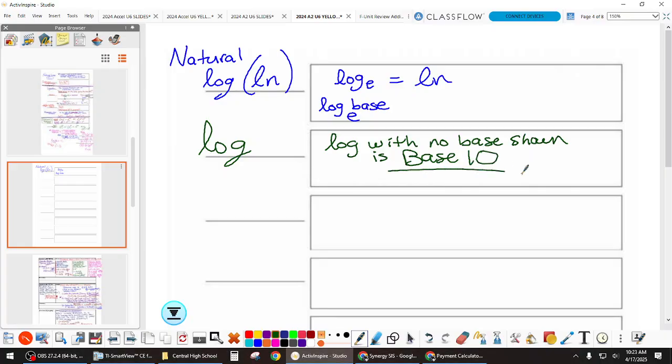And we call this common log, because our number system is base 10, this is also extremely common. So just know that you can't just use that log button for any log you want. You're actually taking log base 10 of whatever number you're doing.